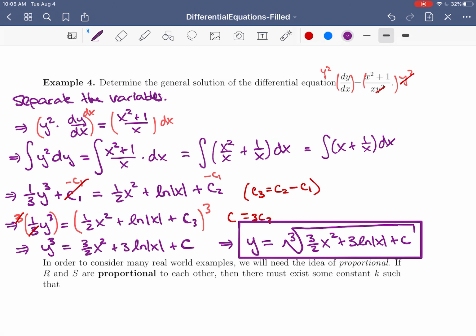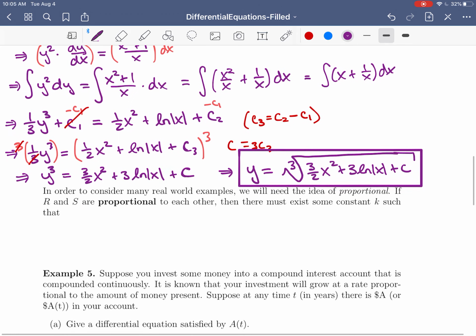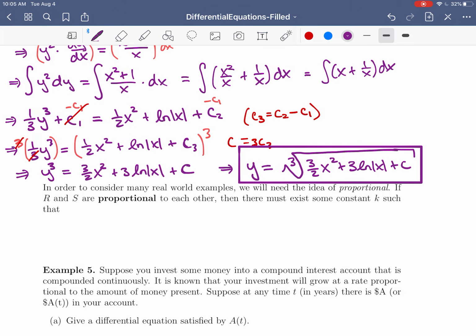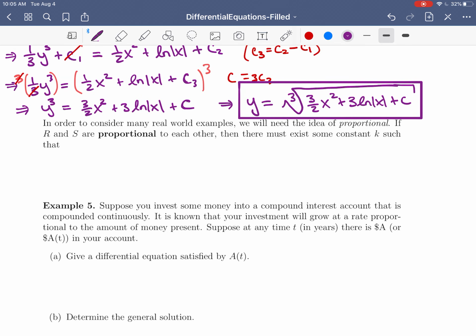Let's move on to what we're trying to get to, which is real world examples. A lot of real world examples require this idea of proportionality. We say that R and S are proportional to each other if there is some constant k so that one is k times the other.